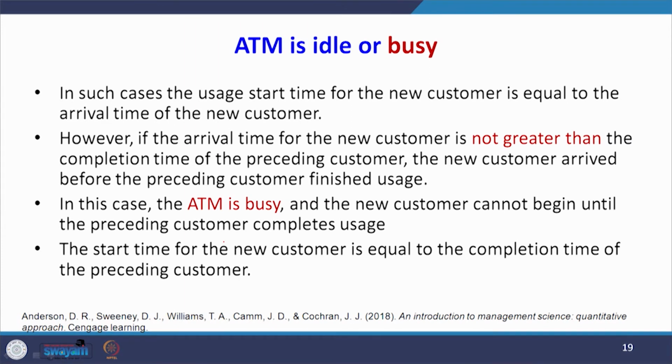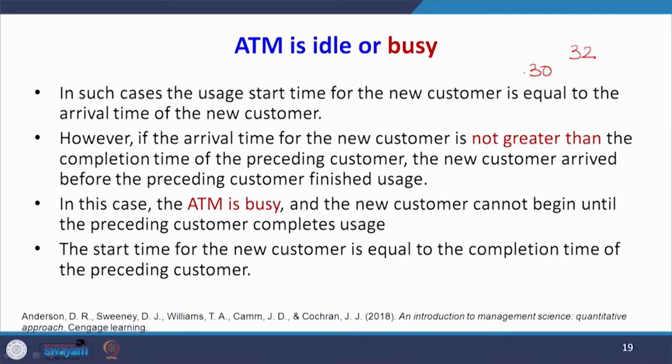So, that means what? Suppose at the 32nd minute somebody has used the ATM, and the next customer arrives on the 30th minute, because up to the 32nd minute the ATM is busy, but the next customer has come in at the 30th minute on a continuous scale.